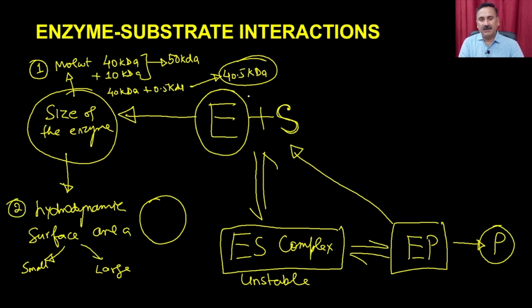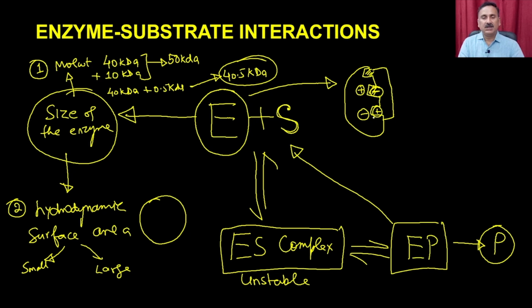The third thing is that the enzyme is made up of, imagine that this is the enzyme, which has different types of active sites, different types of groups. It may have positive groups, it may have negative groups, and so on. So when the substrate binds this site, for example, if this is a substrate that has negative charges, positive charges, and so on, it is going to change the electronic configuration of this enzyme.